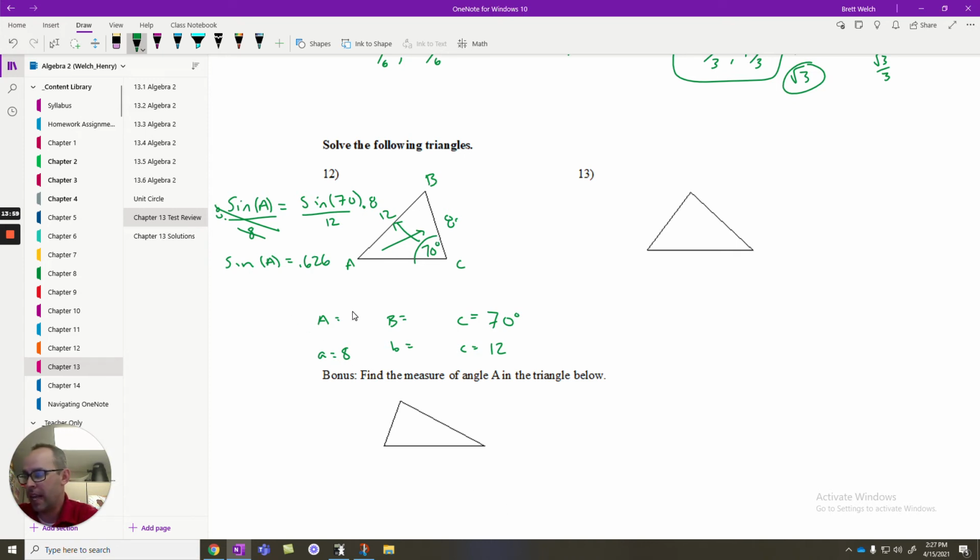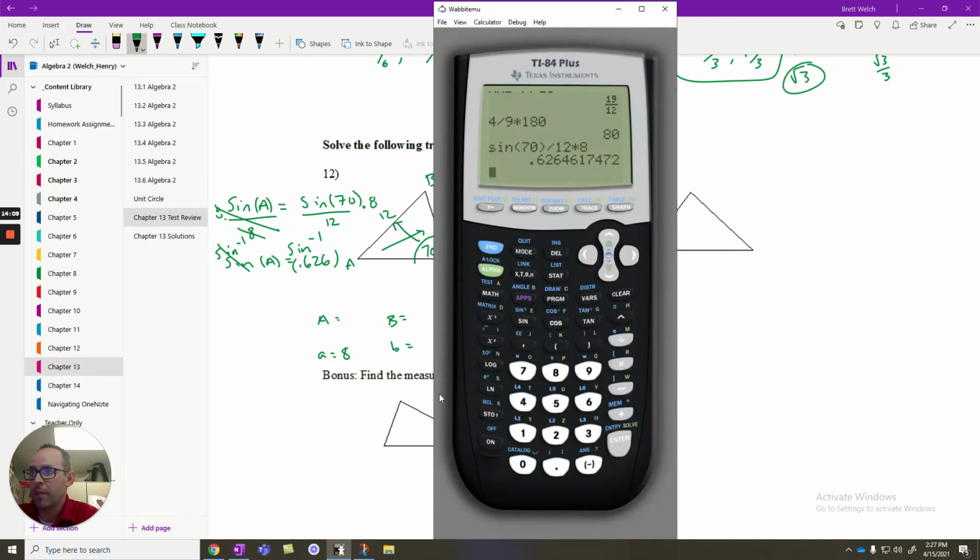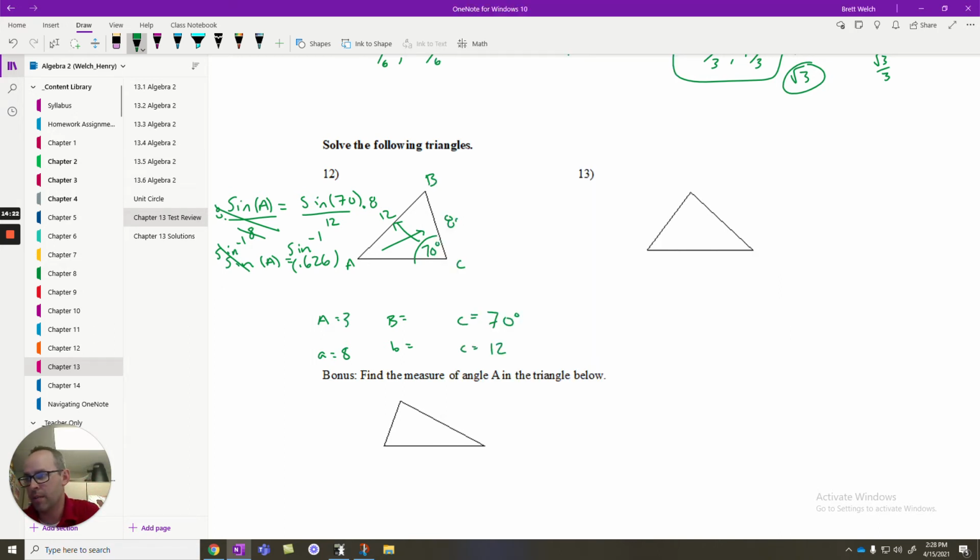Well, if I want to get A alone, I'm going to need to take the sine inverse. Anytime we're finding angles using trig, we're going to have to take the sine inverse or some sort of an inverse function. So I'm going to now take the sine inverse of, and I'm just going to select that previous answer. And I get 38.789. Let's round that out to 38.8 degrees. So capital A is going to be 38.8 degrees.